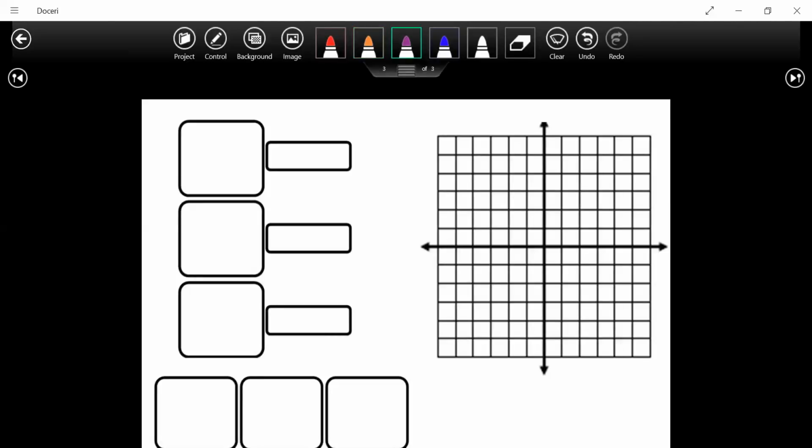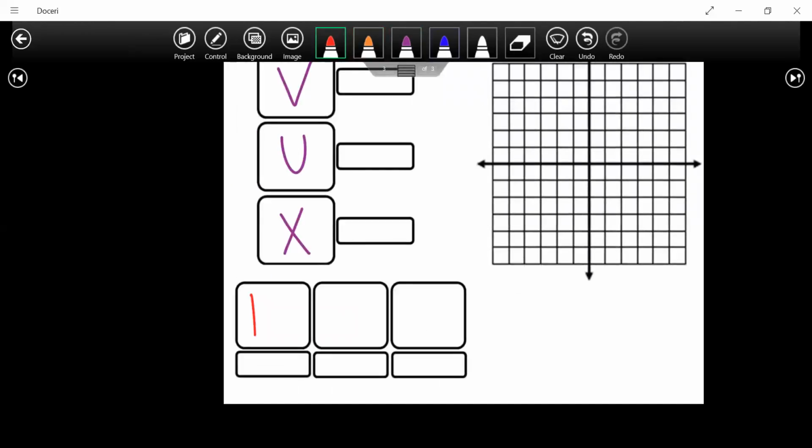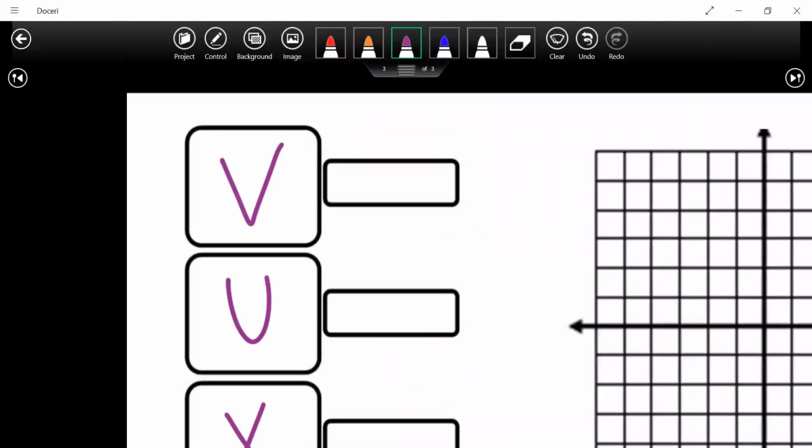The vertical line we're going to call BUX, and we're going to use the acronym HOY. BUX and HOY. BUX is a vertical.